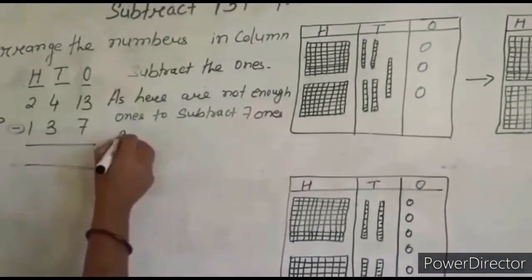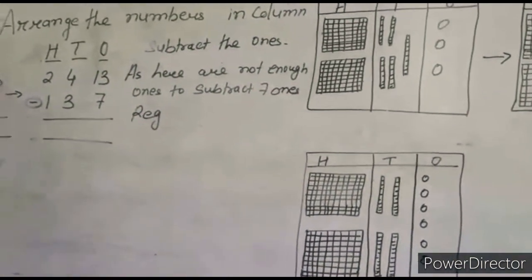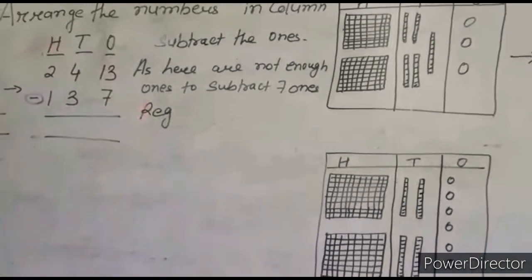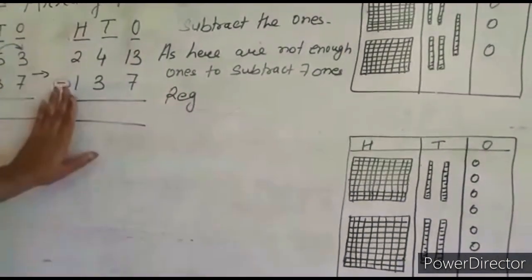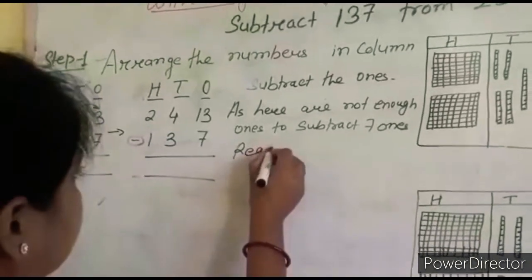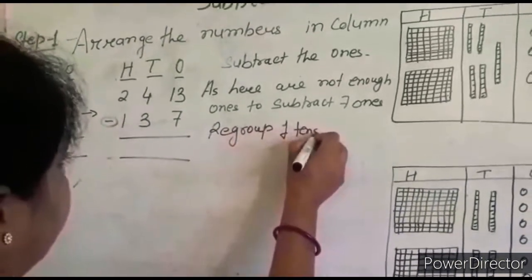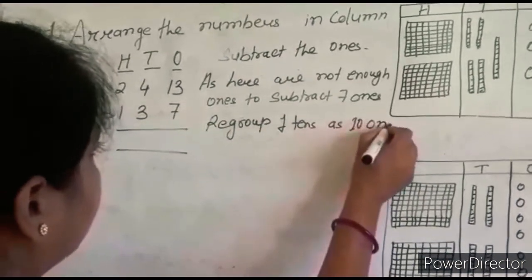We will regroup, whatever I did here, and I just write it here. As there are not enough ones here to subtract the 7, that's why we have to regroup the numbers. I have already regrouped it. Regroup 1 ten as 10 ones.